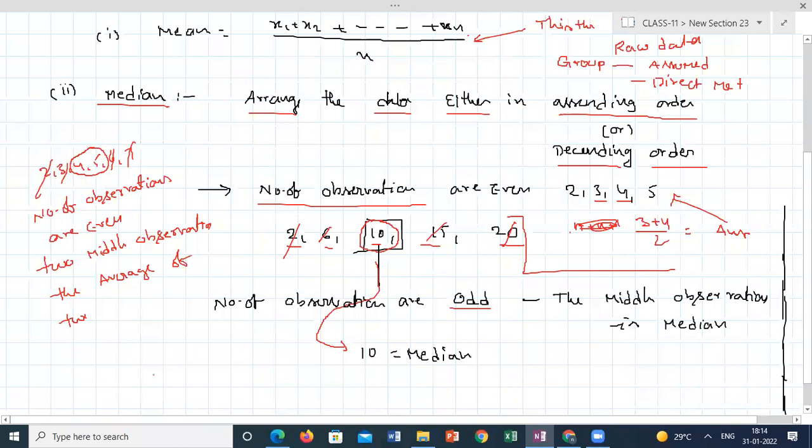So this is how to calculate the median for an even number of observations. That was for odd.